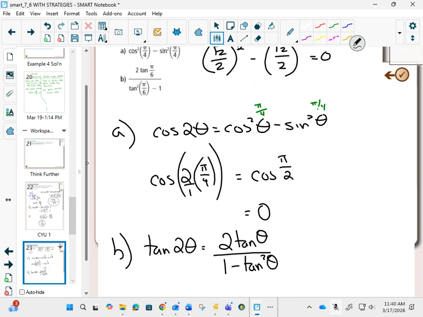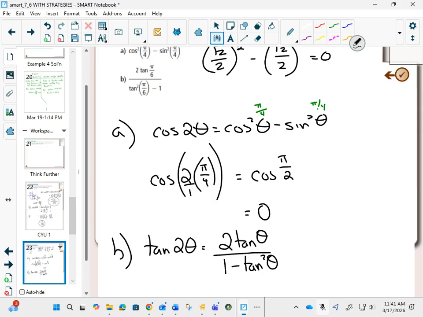And we're going to look at what we have and say, does it match up? Do you see that it's close, but not exactly? The formula says you need a 2 tan theta on top. Do we have a 2 tan something on top? Yes. And the bottom says you need a 1 minus tan squared. Do we have a 1 minus tan squared something on the bottom? No, we have a tan squared something minus 1.